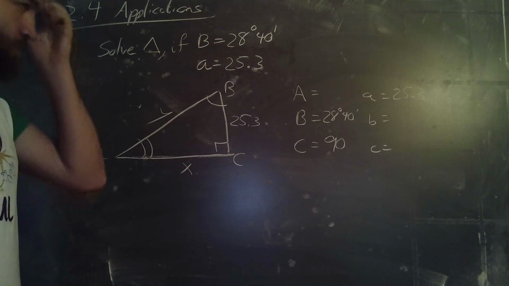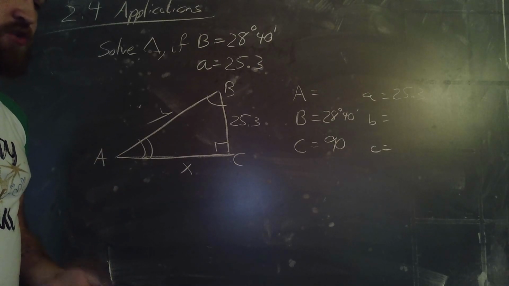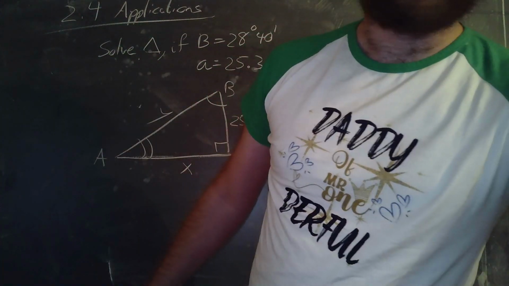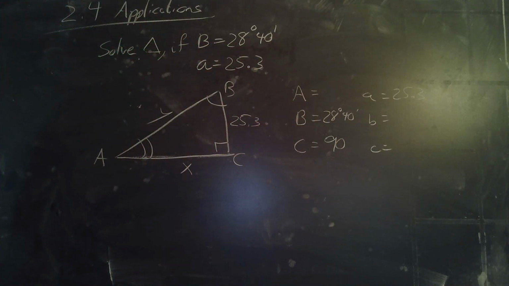If the problem statement does not say that we have a right triangle, then we're not allowed to assume that we have a right triangle. And we could either have an obtuse or an acute triangle, depending on which angle is given and how big that angle is.